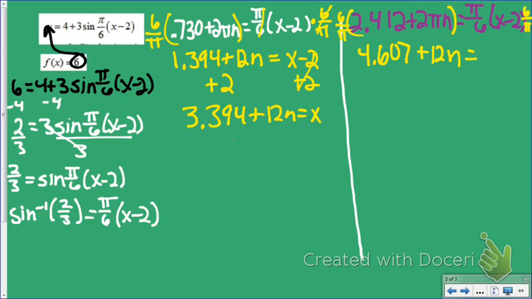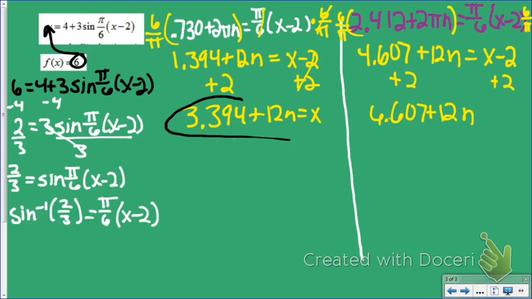And then my last step is just add 2. So this, let me highlight that, is my general solution. Those are all of the places where I'll get a y value of 6.